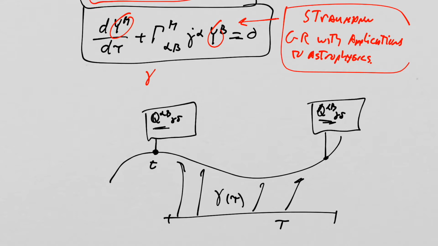Now, the thing about vectors is we understand how it works in flat spacetime because we can visualize vectors in flat spacetime. So we understand what parallel vectors are.